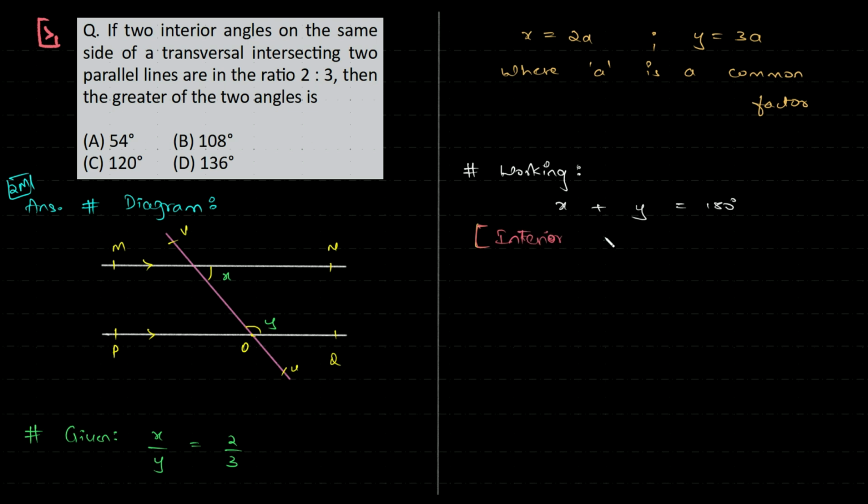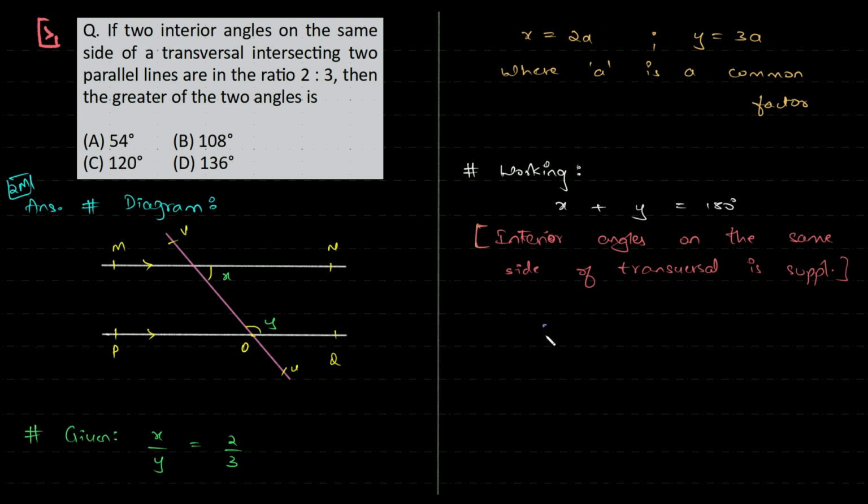Interior angles on the same side of a transversal are supplementary. That is, they add up to 180 degrees.